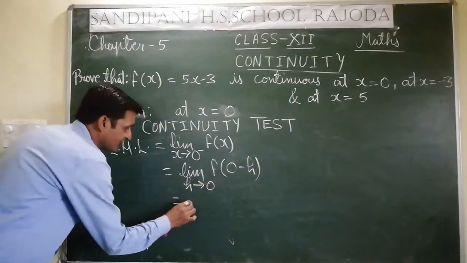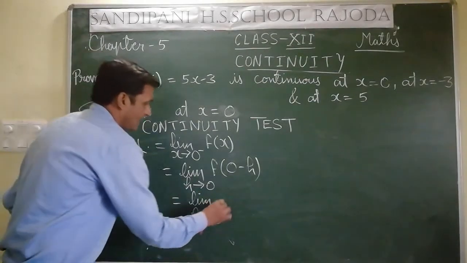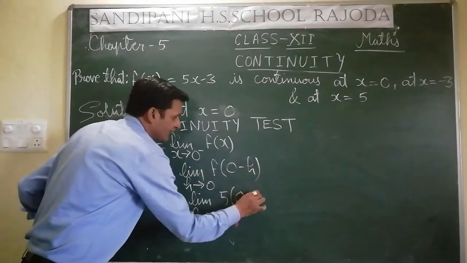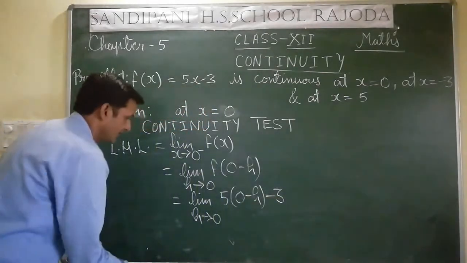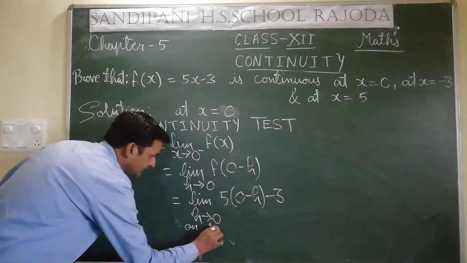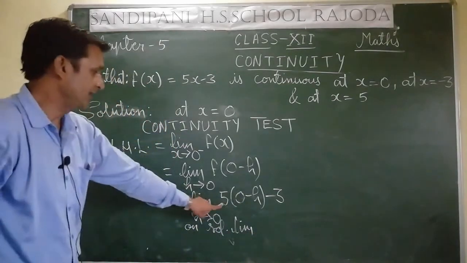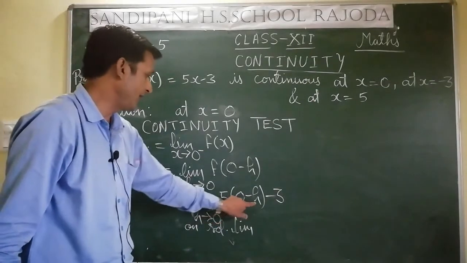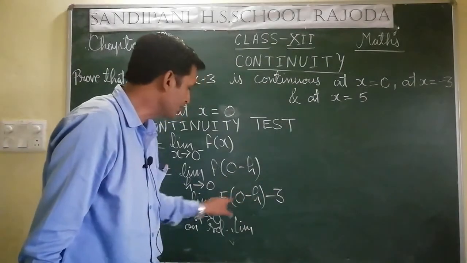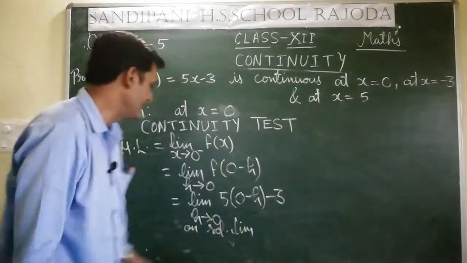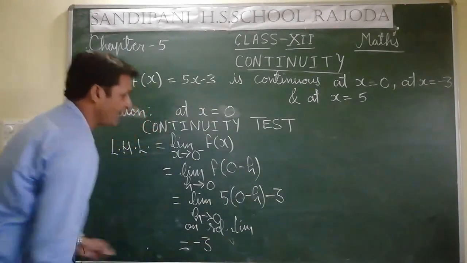So limit h tends to 0, 5 into 0 minus h minus 3. On solving limit, if we solve this limit, then it is 5 into 0, that is 0, and if we put value h is equal to 0 there, then this complete will be 0. So 5 into 0 will be 0, minus 3, then it will be, on solving limit it will be minus 3. This is the value of left hand limit.